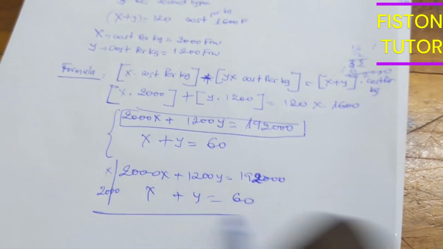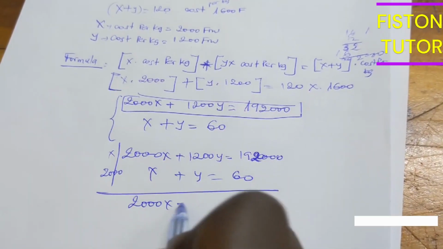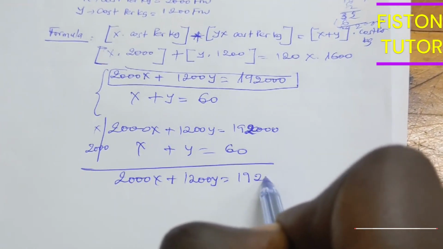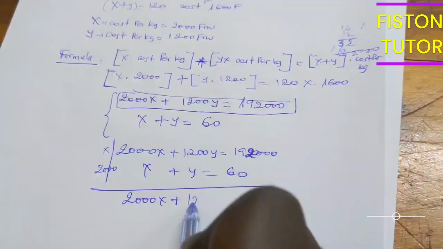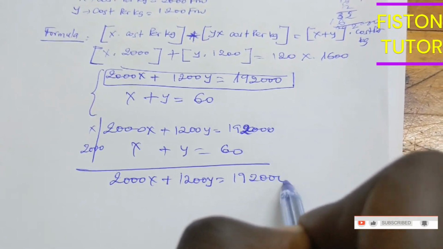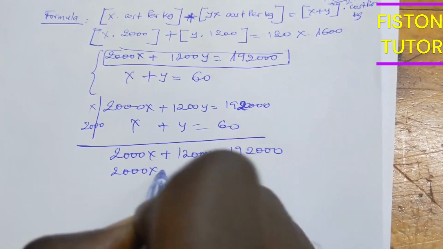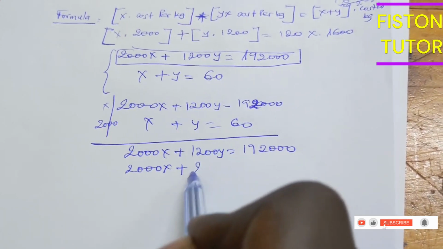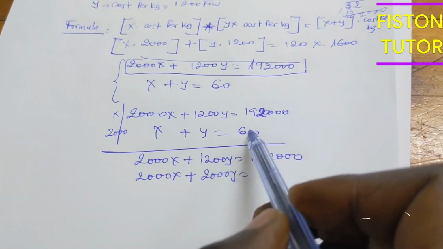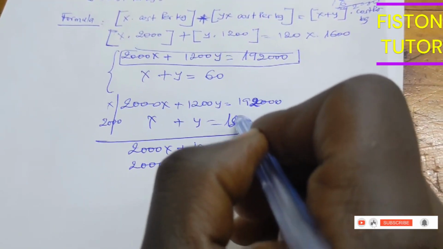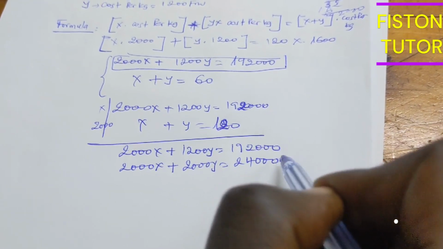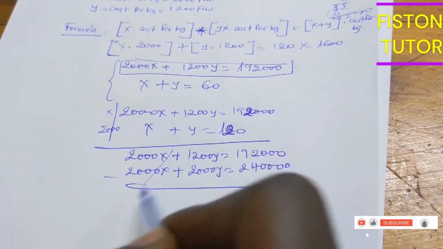multiplied by 2,000 to get 2,000x plus 2,000y, which is equal to 120,000. Then 2,000x will be cancelled.